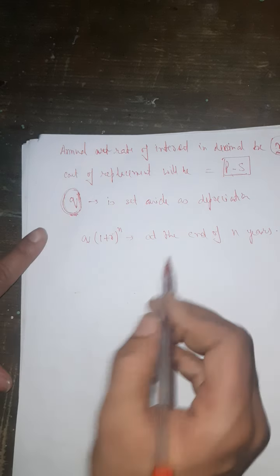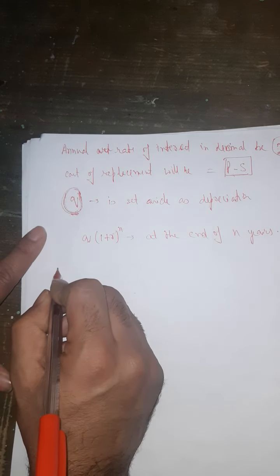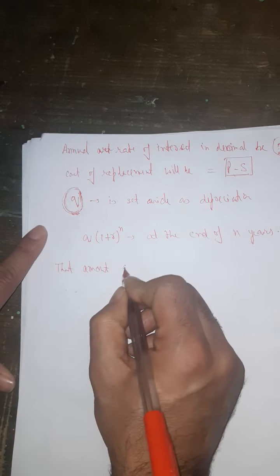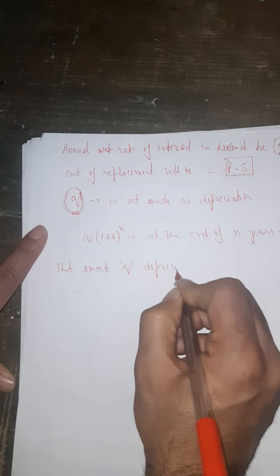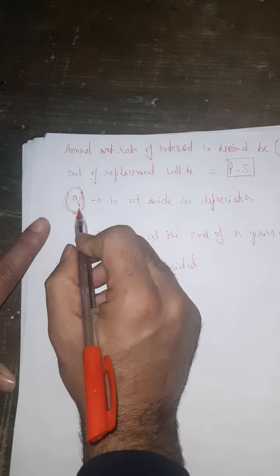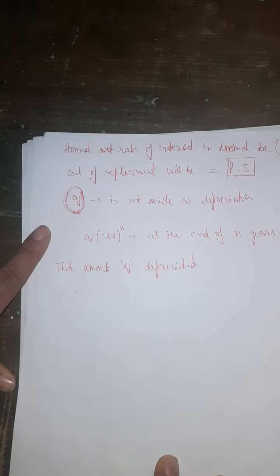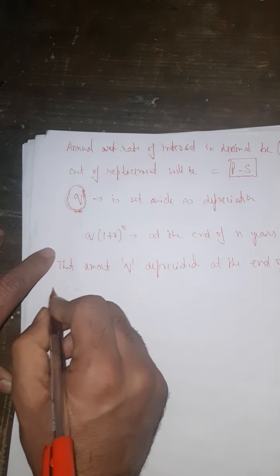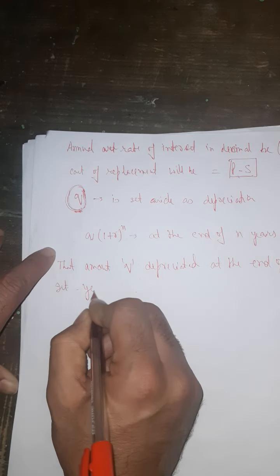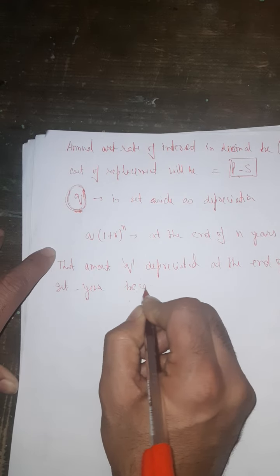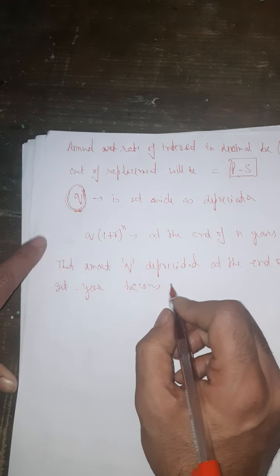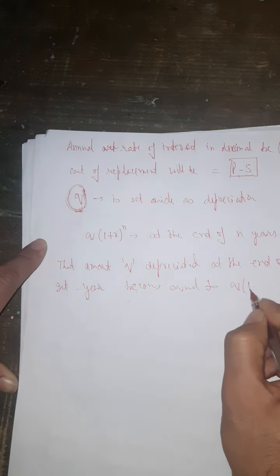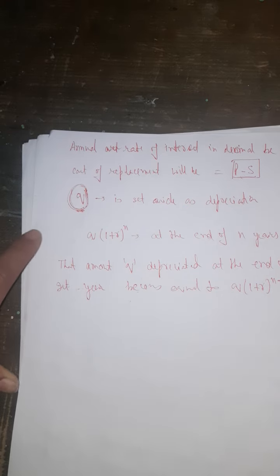Thus you can say that the amount Q depreciated at the end of the first year becomes equal to Q into (1 plus R) raised to power n minus 1.